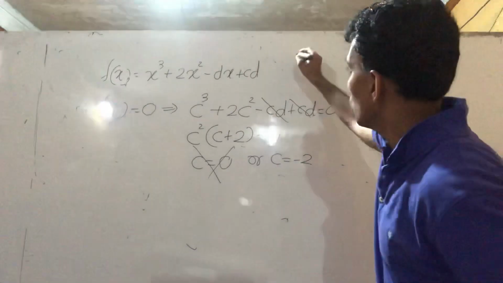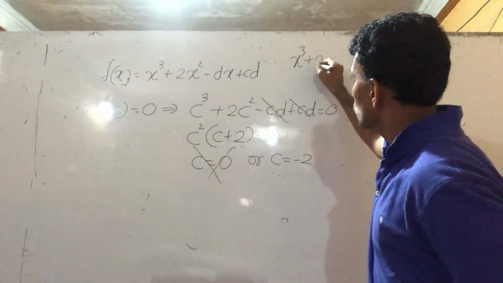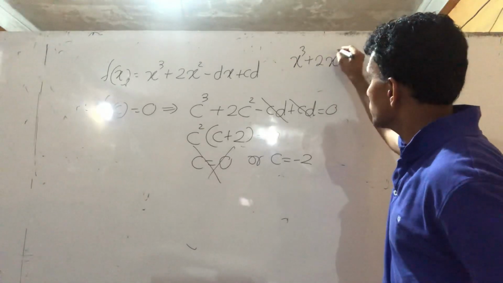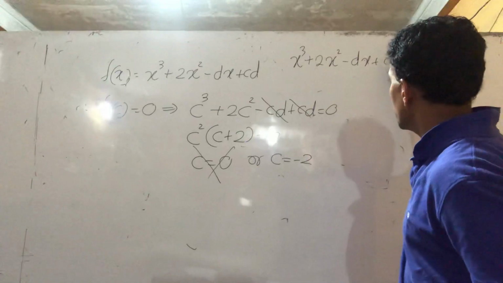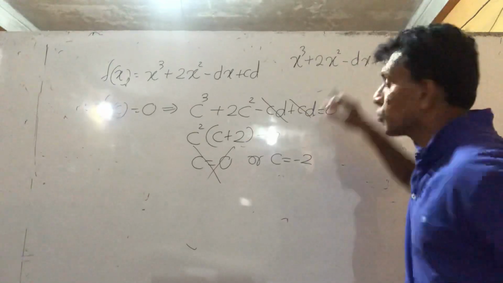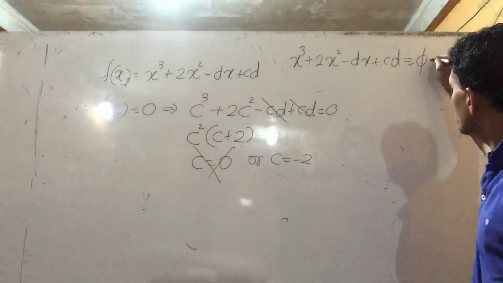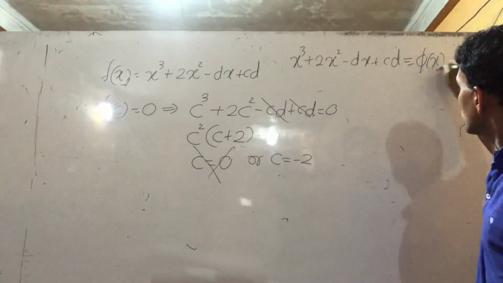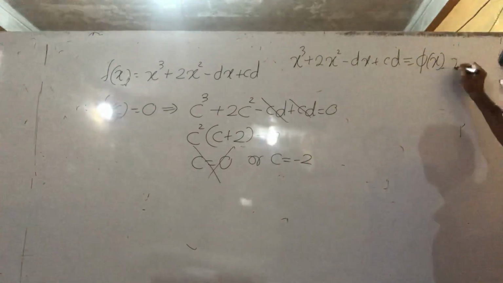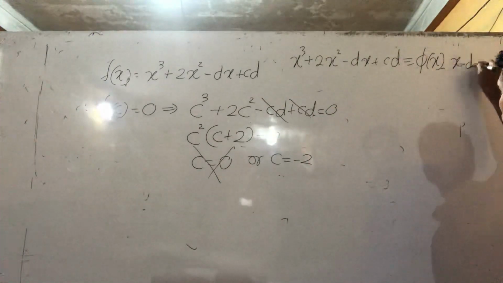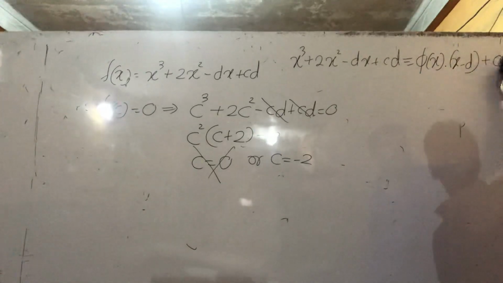So we write now x cubed plus 2x squared minus dx plus cd identically equal to what? Answer into divisor, x minus d, plus the remainder is cd.